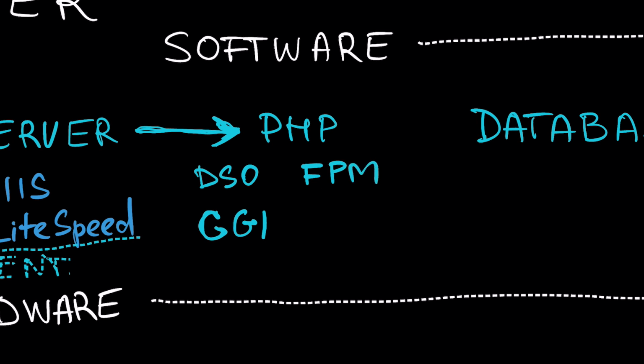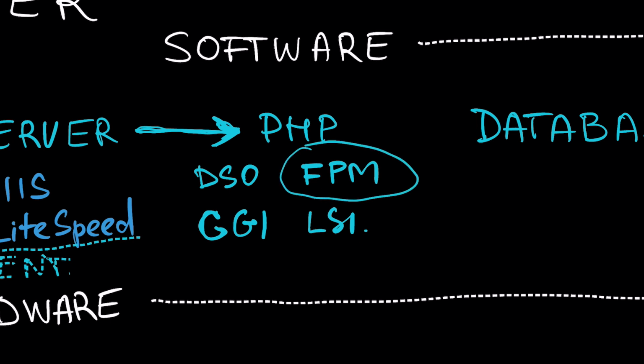And if you are on LiteSpeed, then you have LSAPI. To be very honest, if your project is not very busy, and you don't get 1,000 customers every minute, then basically it does not matter very much.